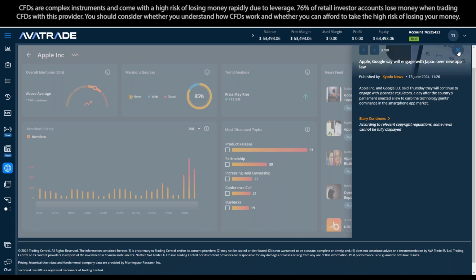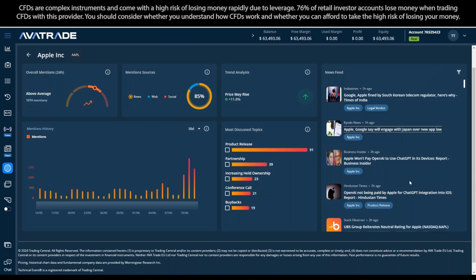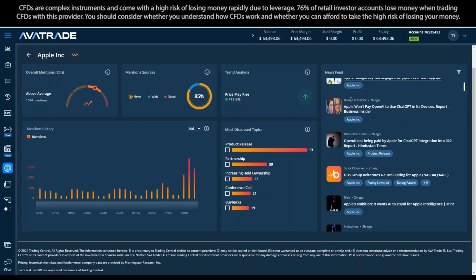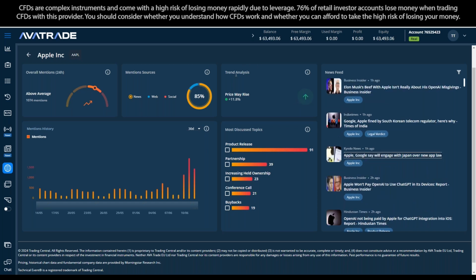And then decide for yourself, do you trust the source? What does the information say? And maybe you read a few articles that talk a bit about Apple and even their competitors, and that helps you decide whether you trust this trend analysis or not. Okay, so this is where the fundamental news is found, with breaking news rather than scheduled economic announcements.